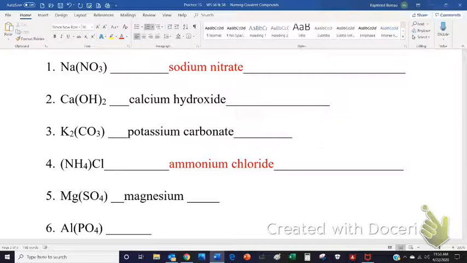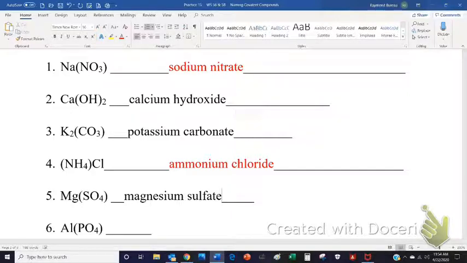But for what we're doing, we're just learning this, I put every polyatomic ion in parentheses. So look on your chart, what do we call SO4? We call that sulfate. So number 5, oops, misspelled that. Go ahead and correct that. That is magnesium sulfate.